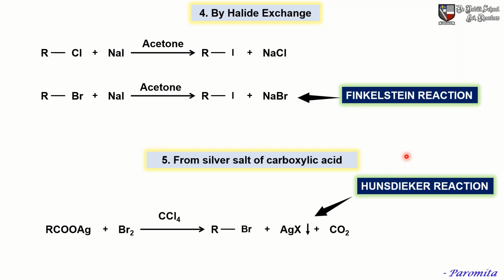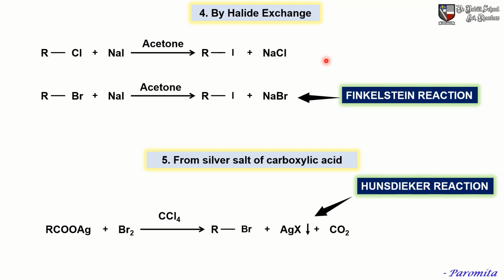Now we will prepare alkyl halides from other alkyl halides by the halide exchange method. Alkyl iodides can be prepared from alkyl chlorides or alkyl bromides by nucleophilic substitution reaction. This can be achieved by treating alkyl chloride or alkyl bromide with sodium iodide using acetone as the solvent.